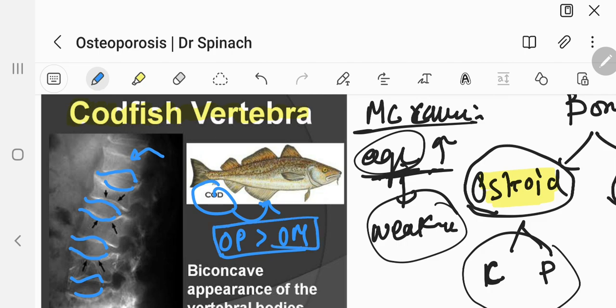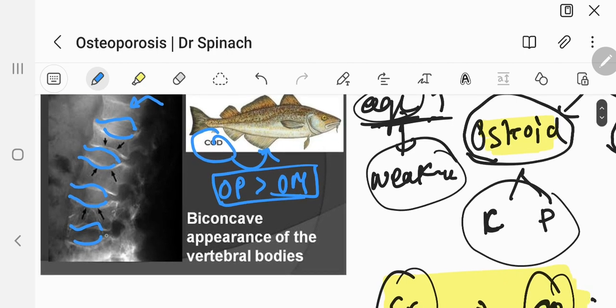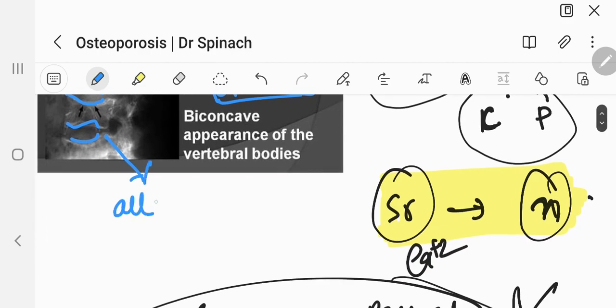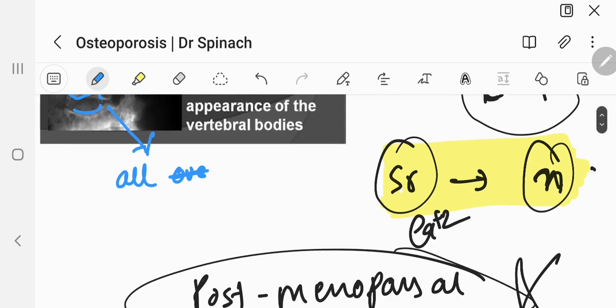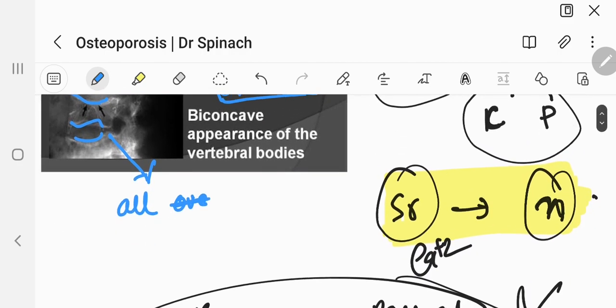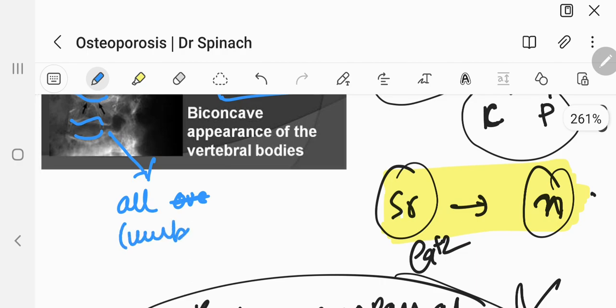Now there is one more thing that we need to understand here. Usually codfish vertebra can be present all along the spine, in all the areas of the spine, but it's mostly seen in the lumbar region. Why in the lumbar region? Because the lumbar region would be carrying most of the weight of a person.